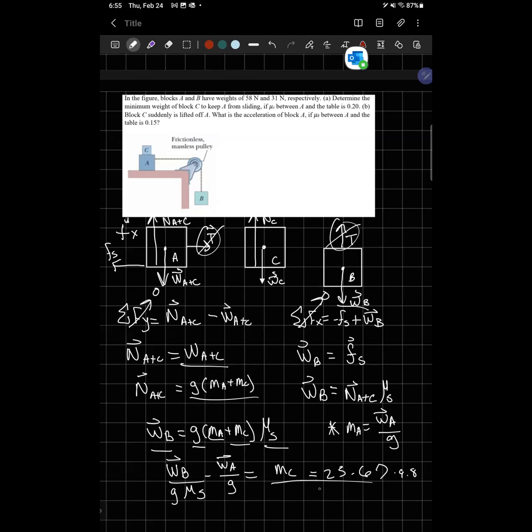Oh, wow. 232. Is that really it? Normal force. I know what I just realized. I put in 58 for the block of B whenever it's definitely not 58.